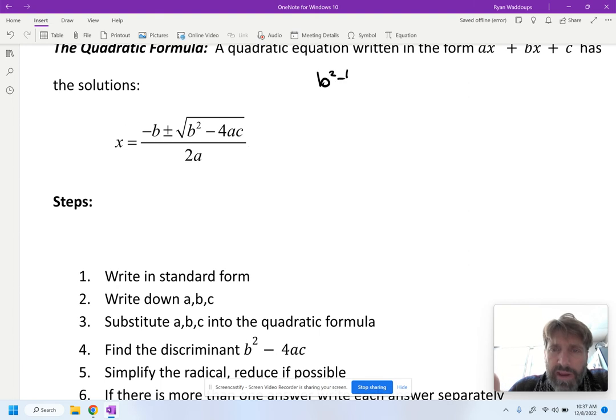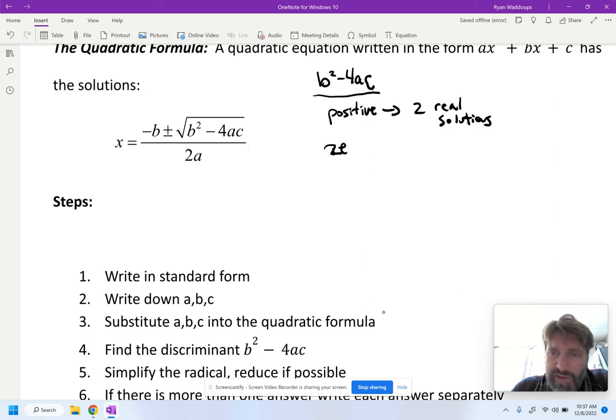B squared minus 4ac, the discriminant, has the following possibilities. If it's positive, that indicates there are two real solutions.